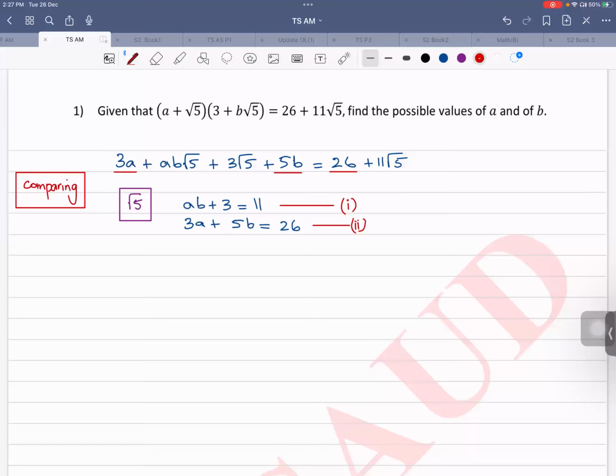Let's solve this simultaneously. I'm making A the subject from the second equation, and I'm going to put this value of A into the first equation.